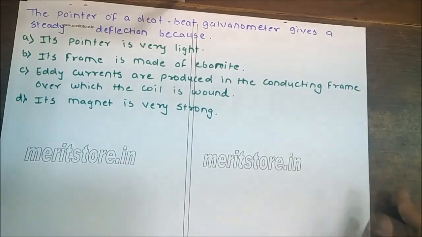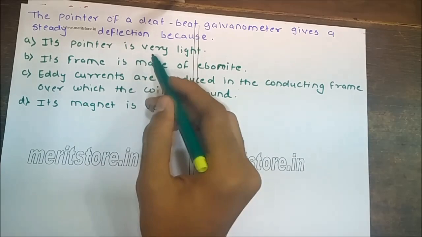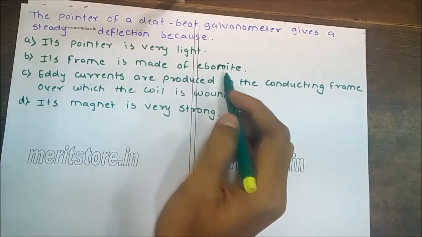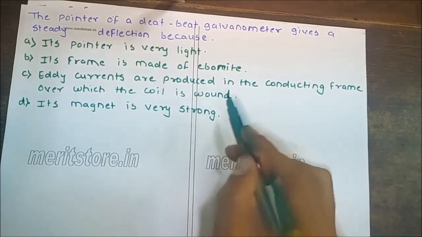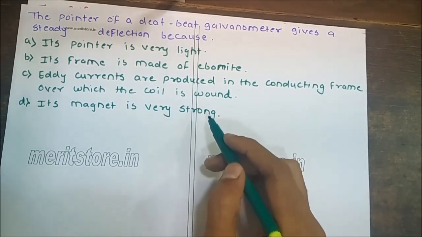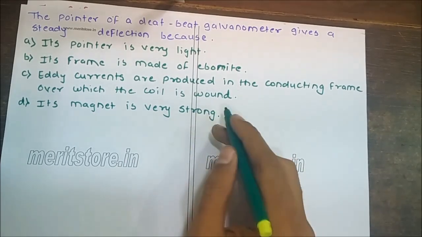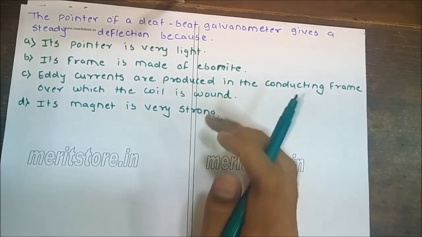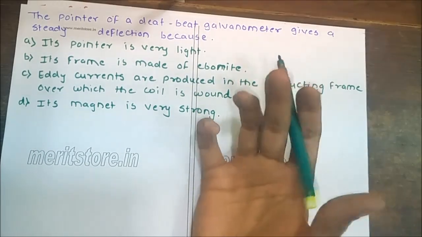A pointer of a deadbeat galvanometer gives a steady deflection because its pointer is very light, its frame is made up of ebonite, eddy currents are produced inside the conducting frame over which the coil is wound, or its magnet is very strong. Basically, in a deadbeat galvanometer, the coil is wound on a metallic frame, and the eddy currents produced inside this frame give electromagnetic damping.